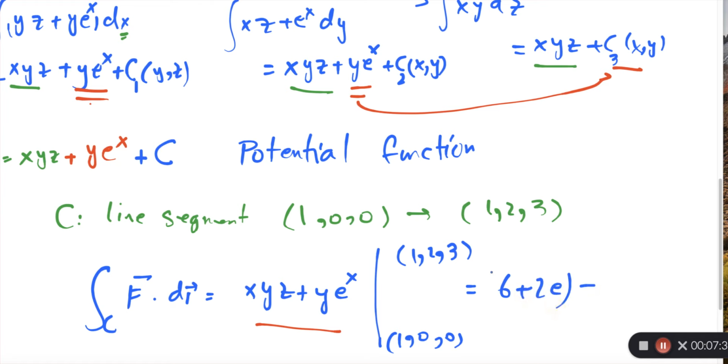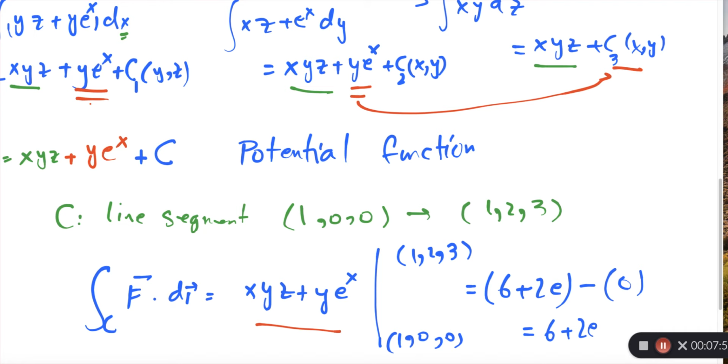Then you subtract xyz with (1, 0, 0) plugged in, which is going to be 0. Then it's 0 times e to the something, so it's 0 again. So the answer is 6 plus 2e to the power 1. So basically, I didn't have to do the entire process of taking the line integral.